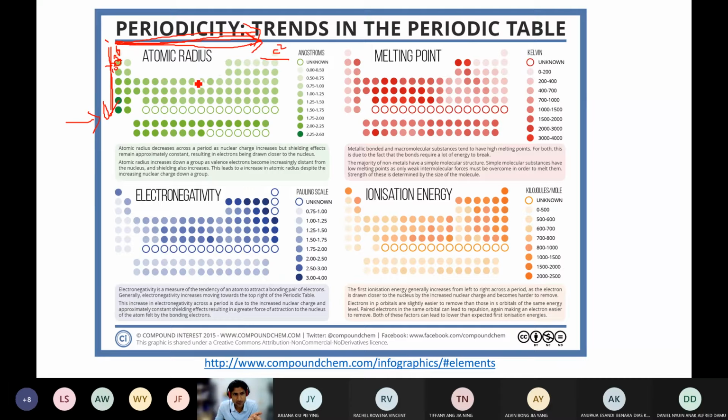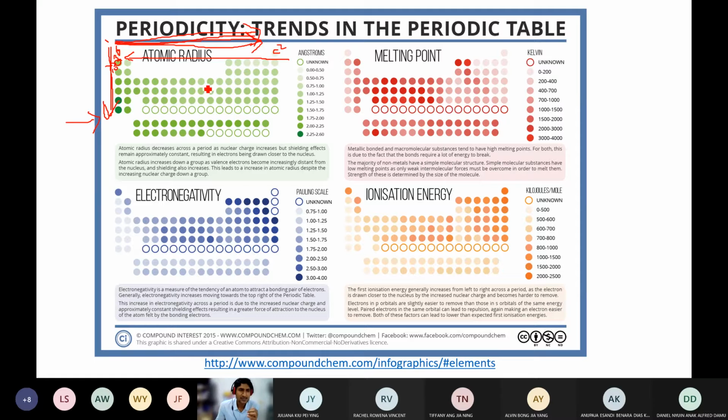If we go from right to left, the size of the atom is increasing, and when we are going from left to right, the size is actually decreasing.